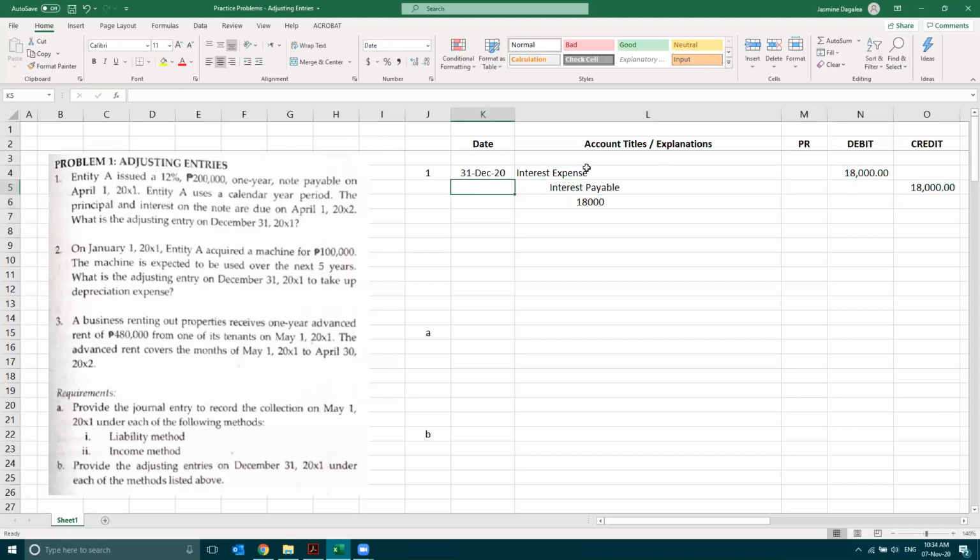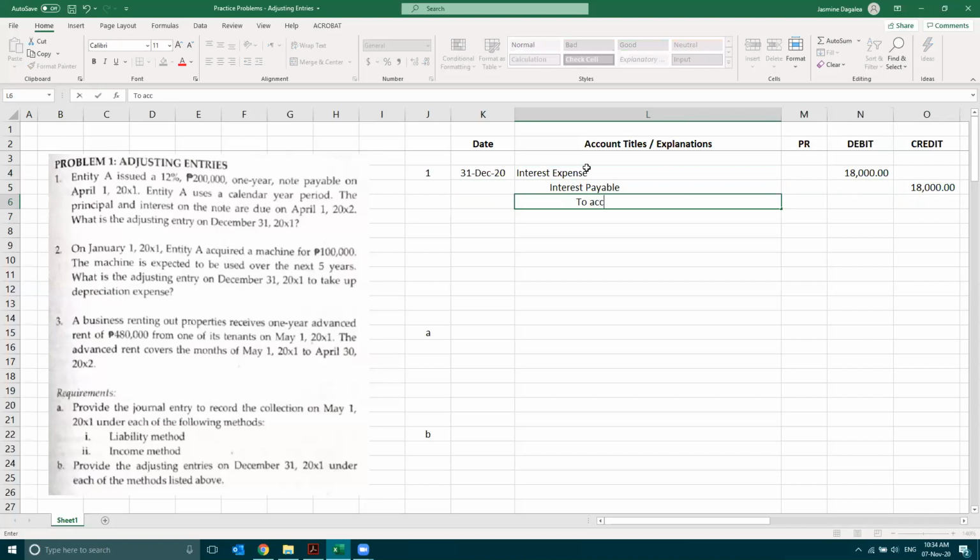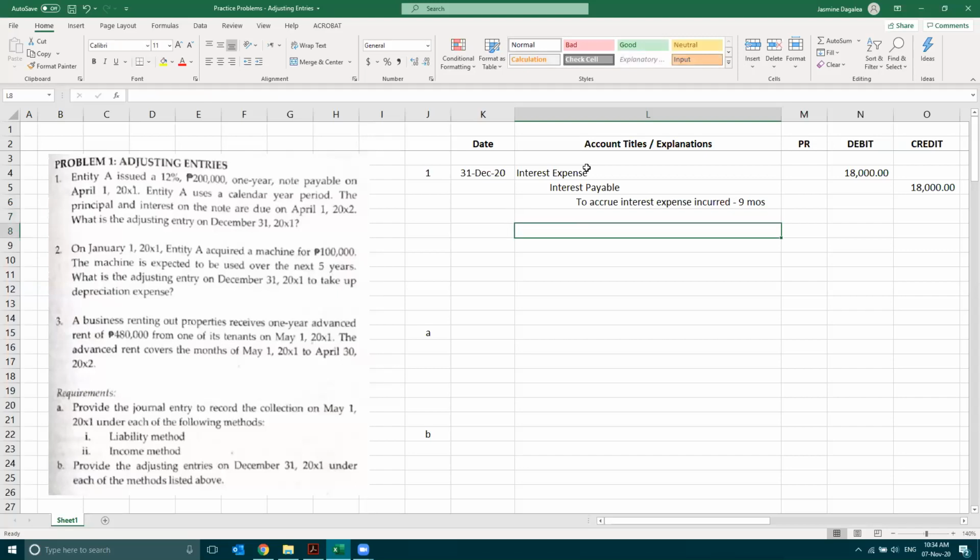So, to accrue interest expense incurred for 9 months. Okay?